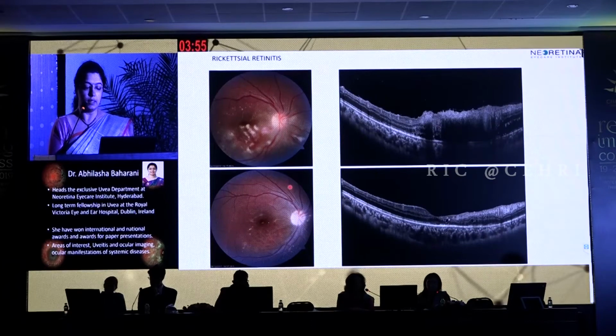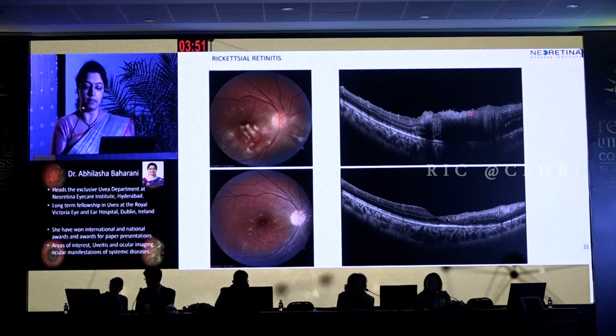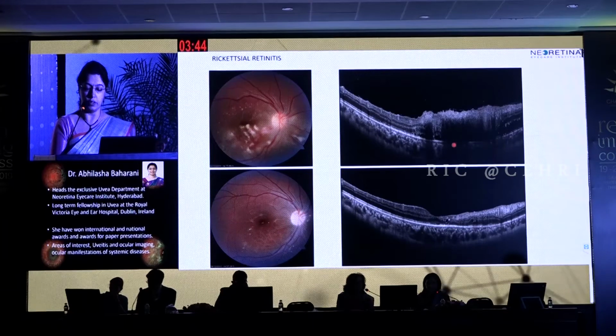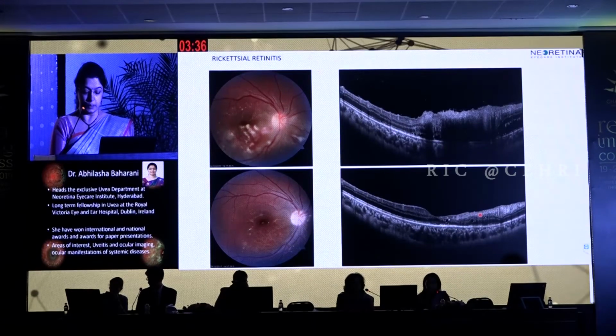Coming to rickettsial retinitis, here there is increased reflectivity of the inner retinal layers with less marked shadowing compared to what we saw in the case of toxoplasma retinochoroiditis. And as the lesion heals, you see there is thinning and atrophy of the involved layers.